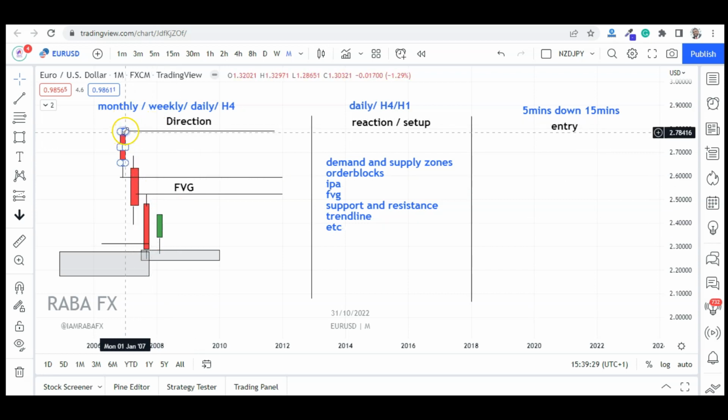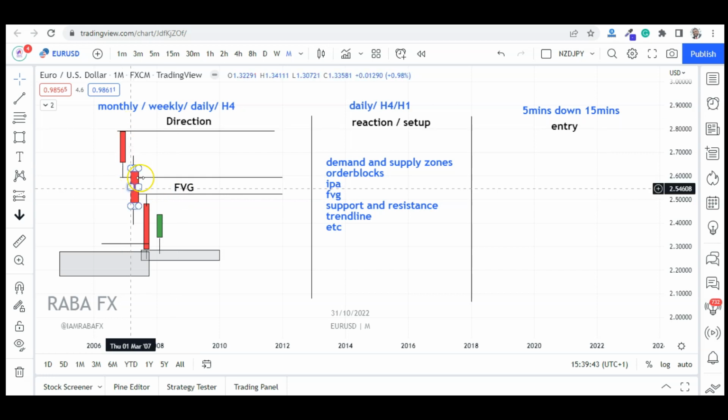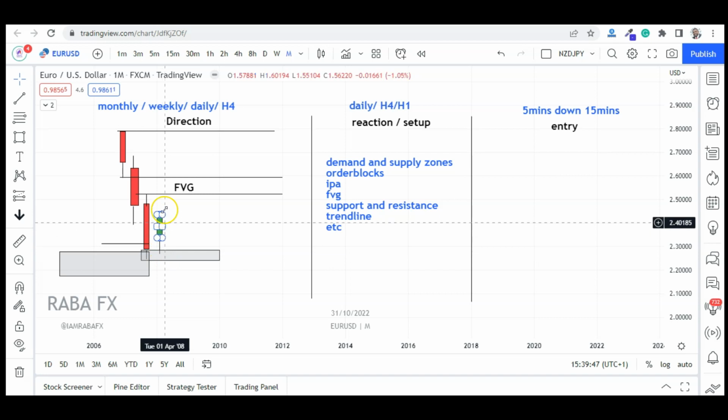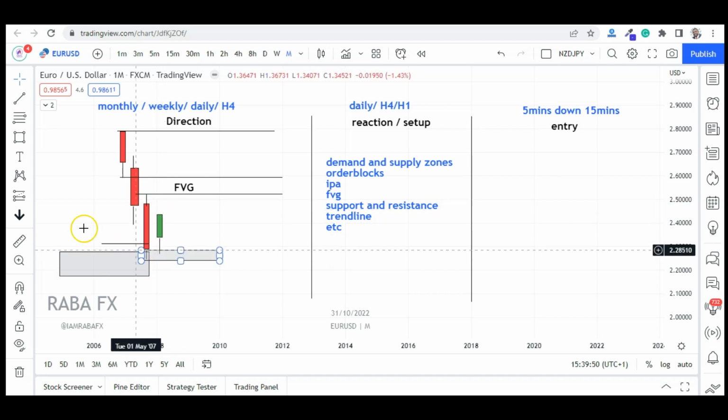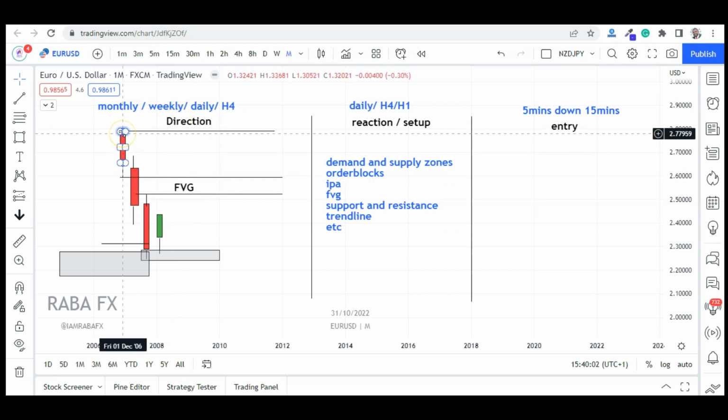Because I know that this is a failure to create a lower low, definitely price might be drawing toward this high here, and our first point of obstacle will be this fair value gap here, because this is an IPA, price can react in here. So I'll be anticipating to take from here down to this point first, then observe if there is a close of this FVG and there's need for it to go higher, then we can take our target.